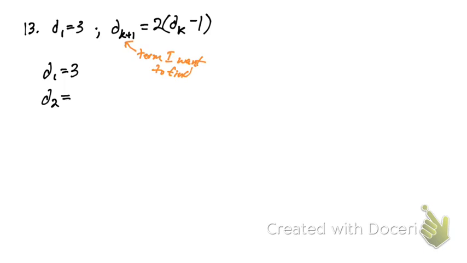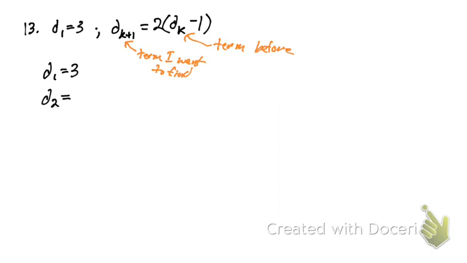So what this is actually saying is the term I want equals 2 times the quantity, the term before, minus 1. Because it is 1 less.